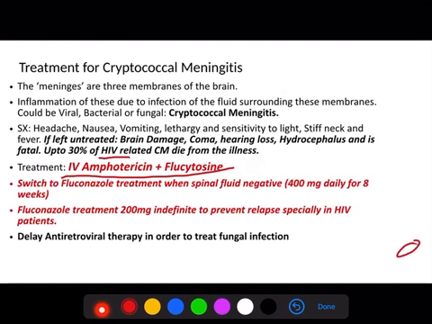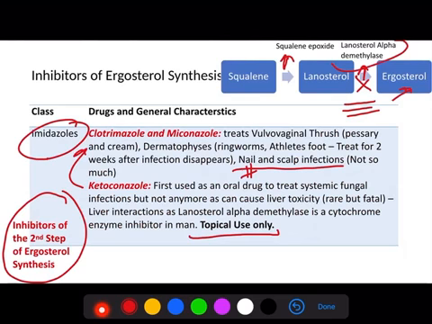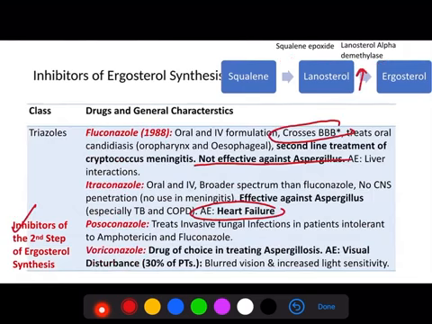Once the spinal fluid is negative, the patient is switched to fluconazole. This drug we have just mentioned is an ergosterol synthesis inhibitor. It inhibits the second step of ergosterol synthesis, namely the lanosterol alpha demethylase.